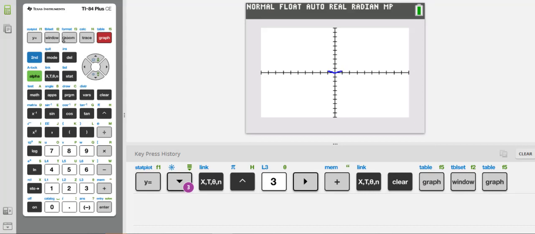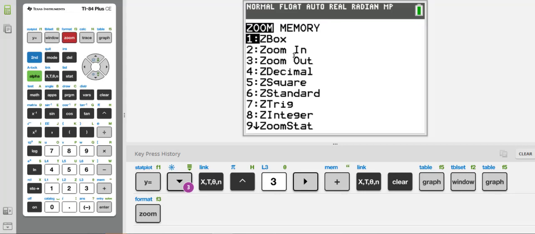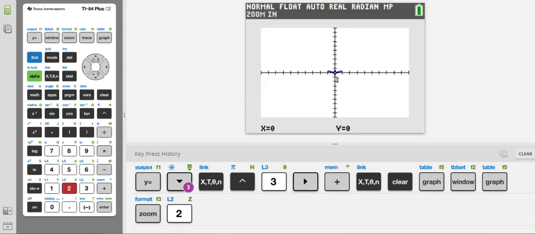If you wanted to zoom in, because it's hard to see what's going on in that picture, let's zoom, and then you can hit number 2 there to zoom in. It puts a little cursor. You have to hit enter to tell it where to zoom in. So that's the picture that we're seeing here.